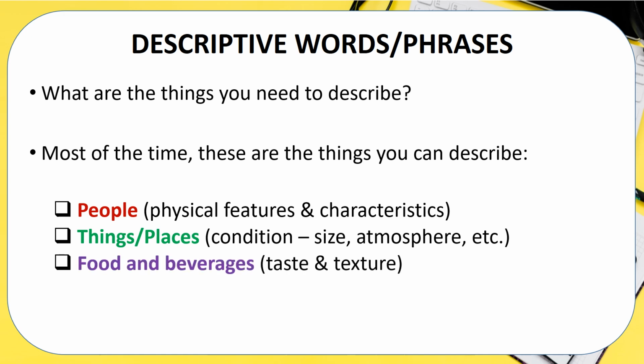Next, yes, this is very important, you can always describe food and beverages. Who doesn't like food and beverages, right? You can describe taste and texture. And finally, feelings, emotions. It can be positive and it can be negative.